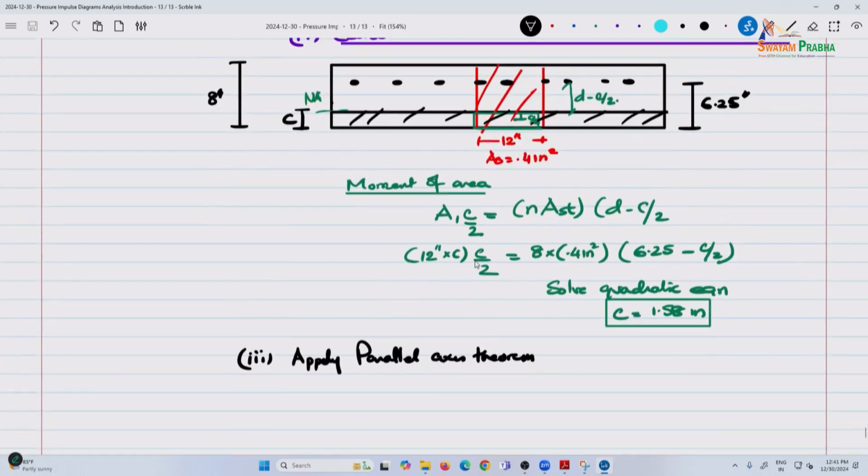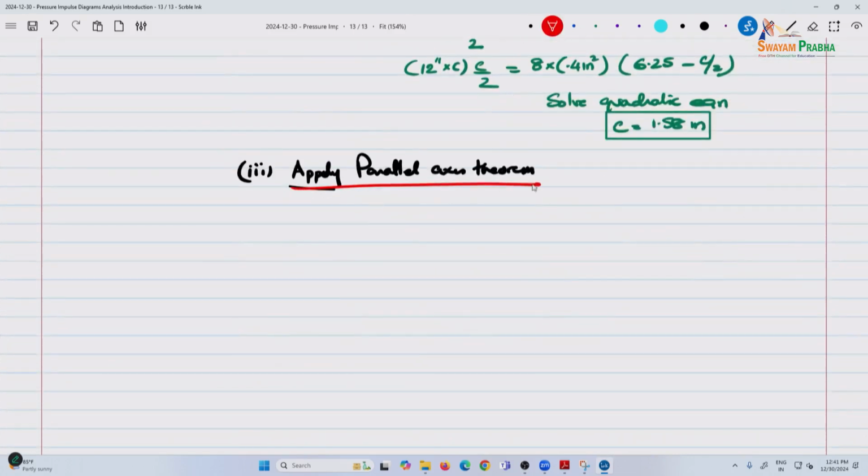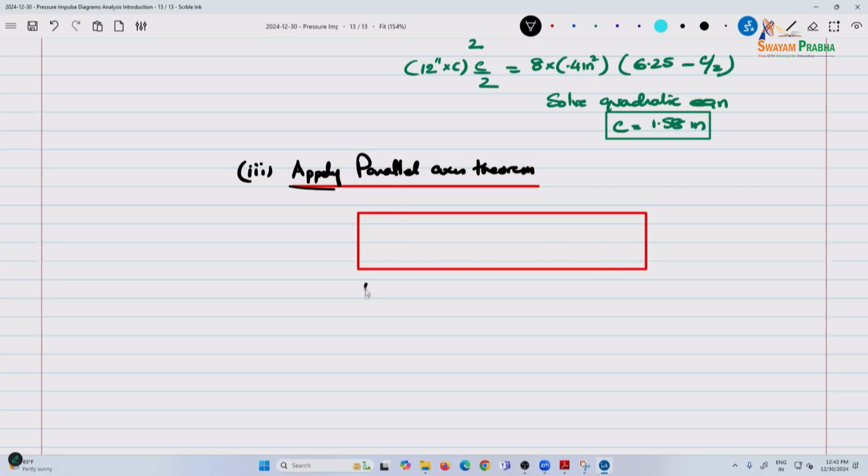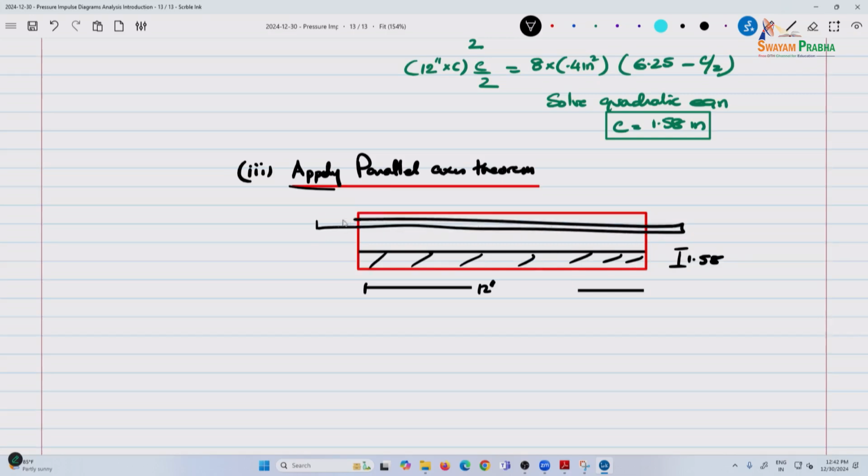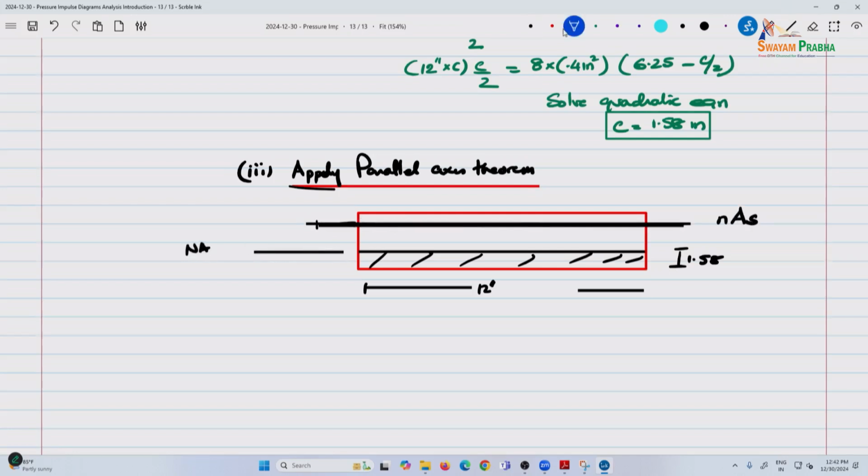Okay. So when you do the parallel axis theorem, in this case, you're applying, say, 1 foot, 12 inches. So now this is the concrete part of it, 1.58. This is sort of the steel part of it. Imagine this is a box with area n times A_s, and this is my neutral axis. So from here to here it is C by 2, this is d minus C by 2.